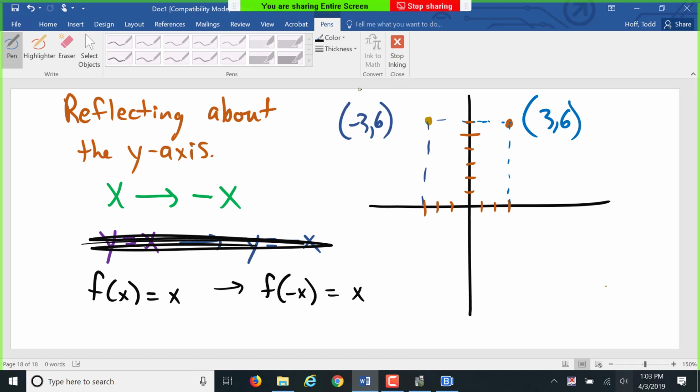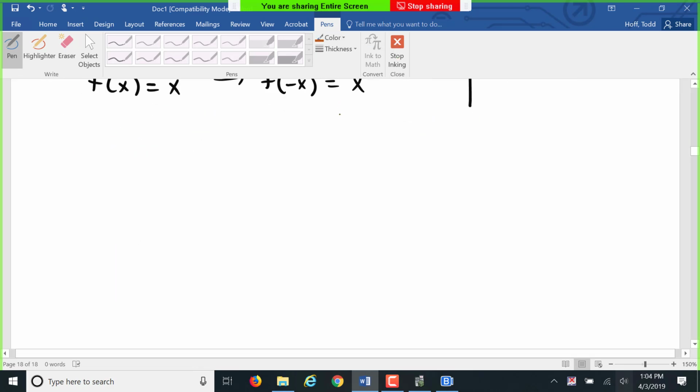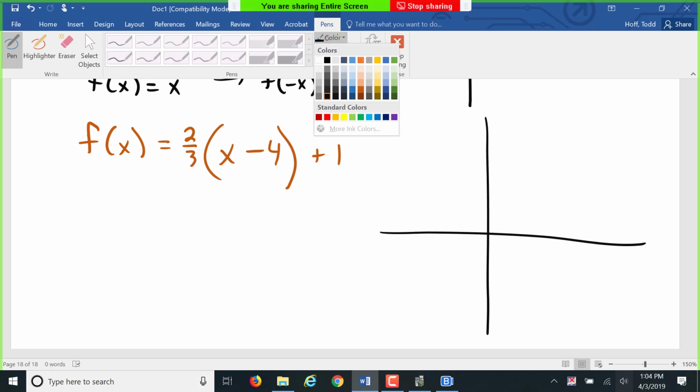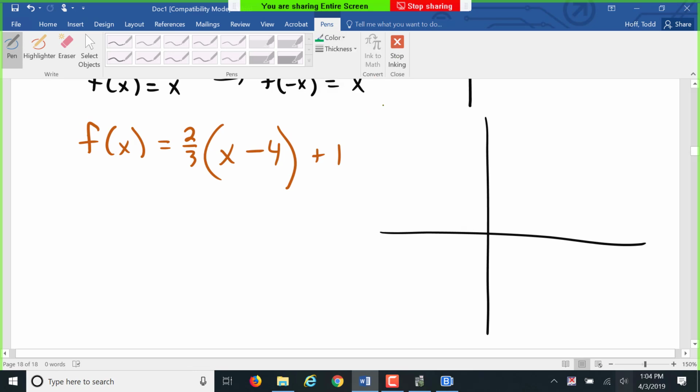What does that mean? Well, let's do a graph of a line here. F of x equals 2/3 times x minus 4, plus 1. So what that is telling us is this graph goes through what point? 4, 1.